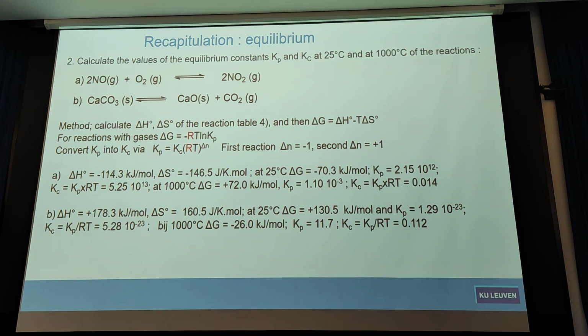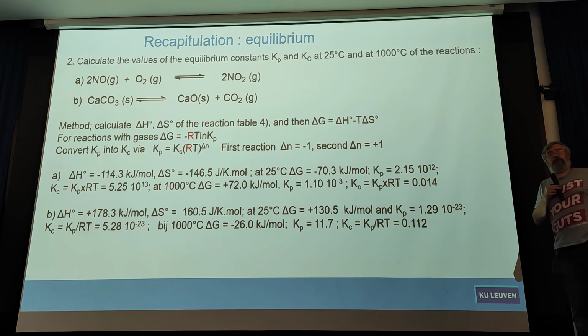I think this other calculation we may have done already in the course material, but let's do it again with the calcium carbonate. As you can see, delta H is positive, so that's endothermic. The previous reaction with minus 114 was exothermic, but this is endothermic. That's already not so good for the reaction.